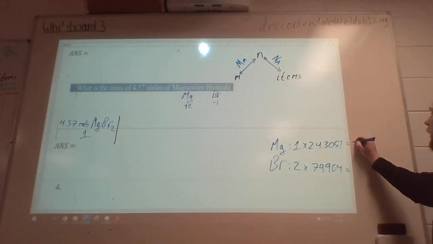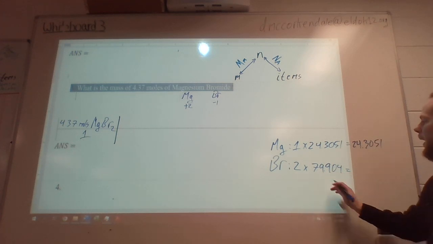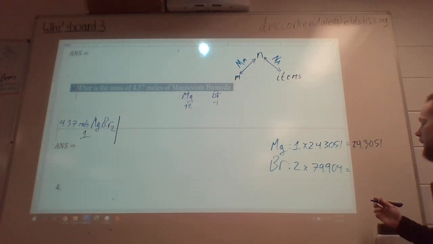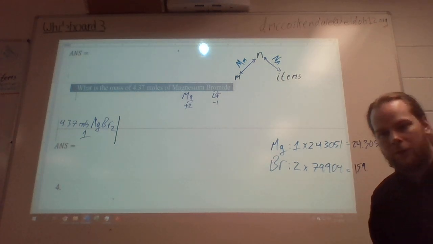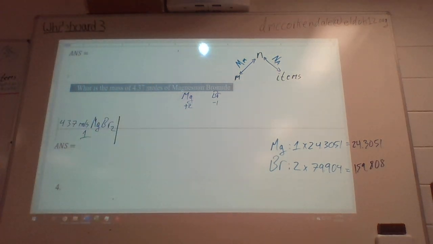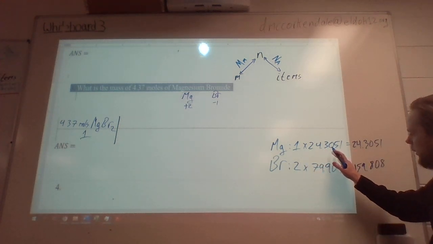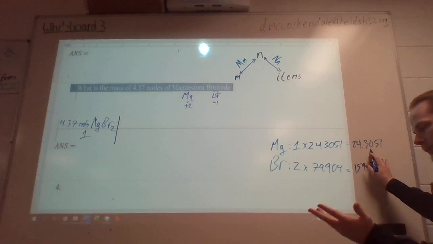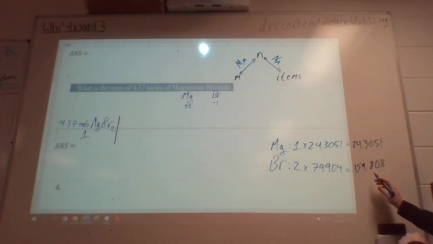So 1 times 24.3051 gives us the same thing, and 2 times 79.904 gives us 159.808.